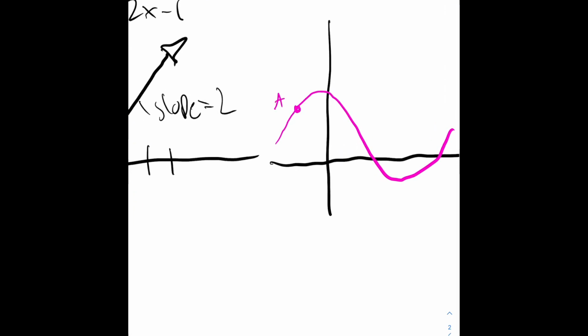Let's call this point A. Call this point B. Let's call this point C. And then we will call this one more point, point D. So if I look at the slope of A, if I sketch it out, I'm not sure what it is exactly, but I know that it's going to be a positive slope. It's increasing. Let's maybe draw our tangent lines slightly different. Again, that tends to be trending up.